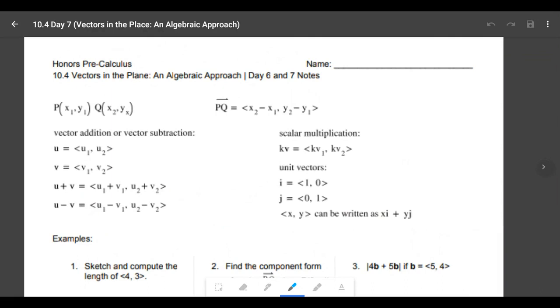For 10.4, we are going to take vectors and look at them more algebraically than we did in 10.3.